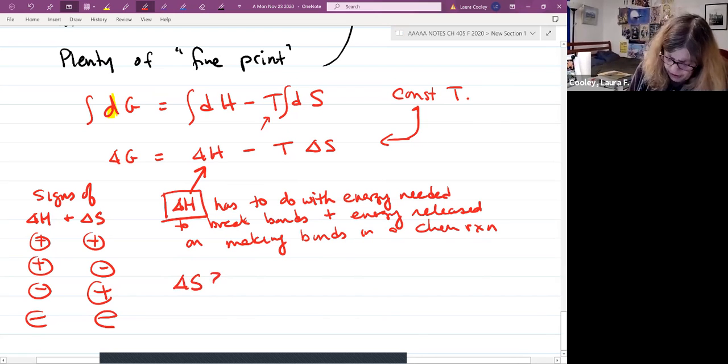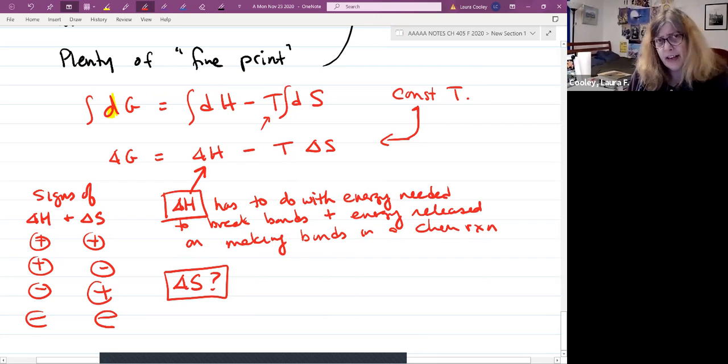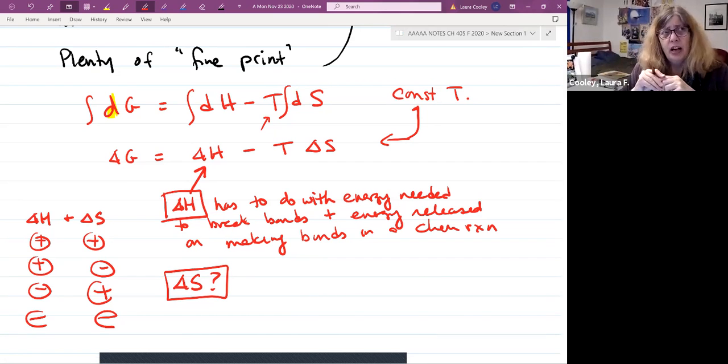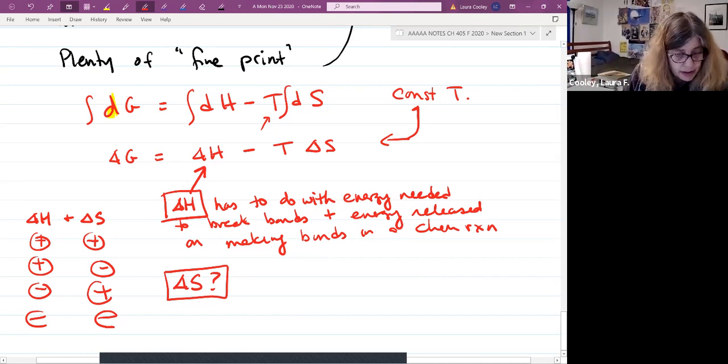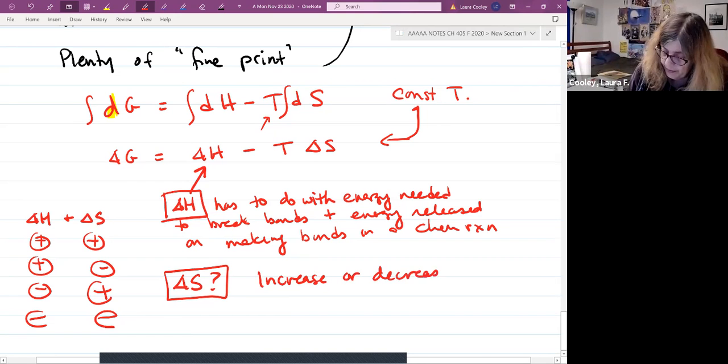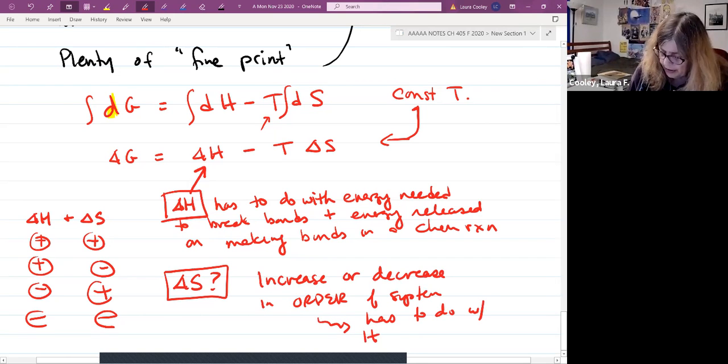What does delta S have to do with? As we've seen, when you make more moles of gas, that is better able to disperse energy, or you go from something complicated to more things that are very simple. So delta S has to do with the increase or the decrease in the order of a system, which has to do with its ability to disperse heat.